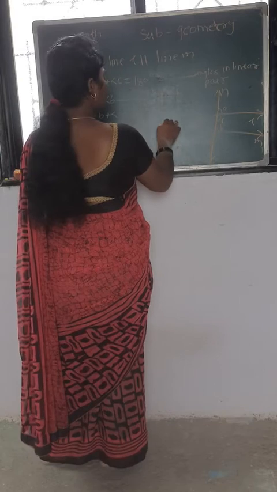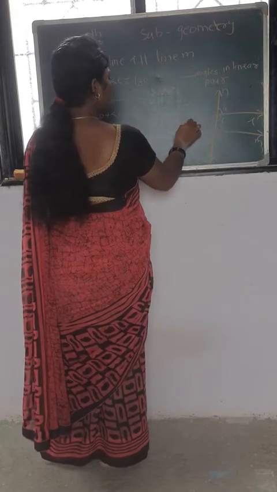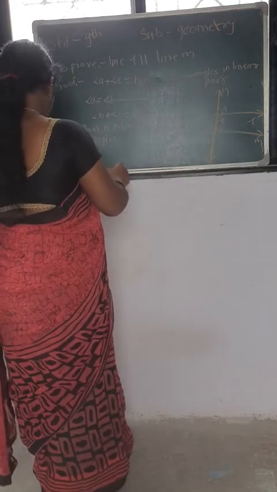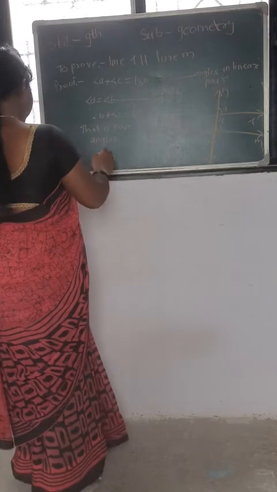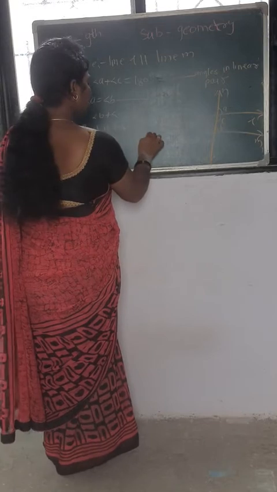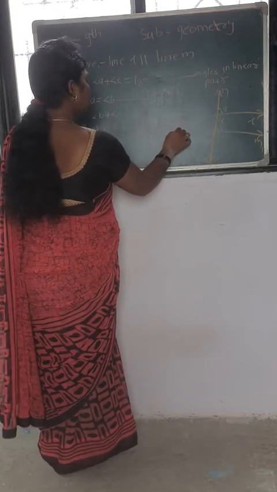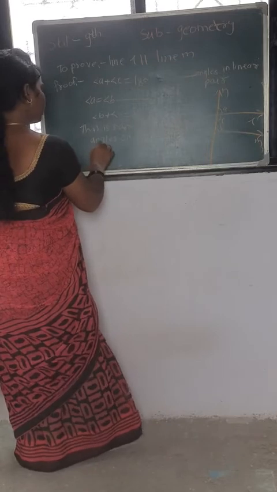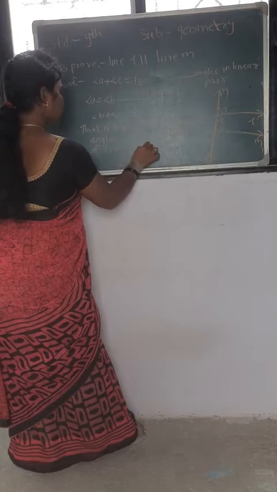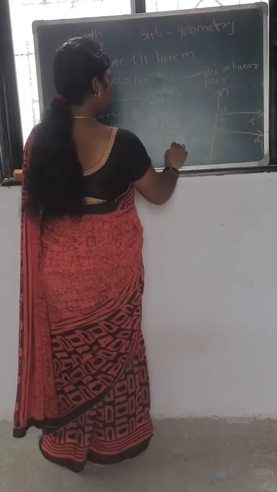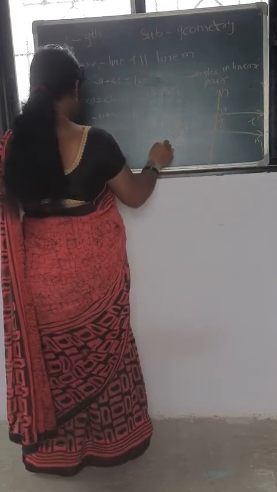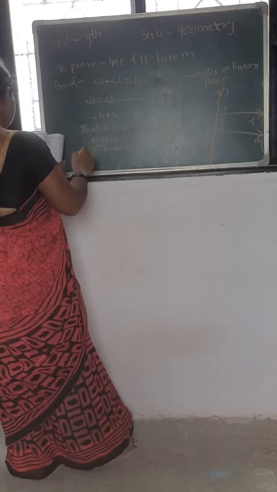These two angles are a pair of interior angles on the same side of the transversal, so the lines are parallel.